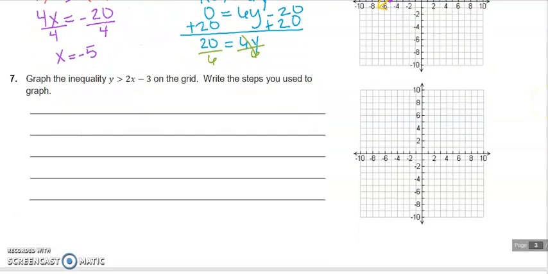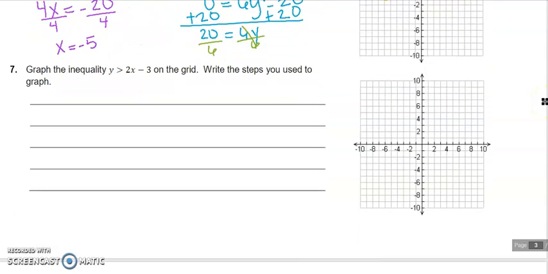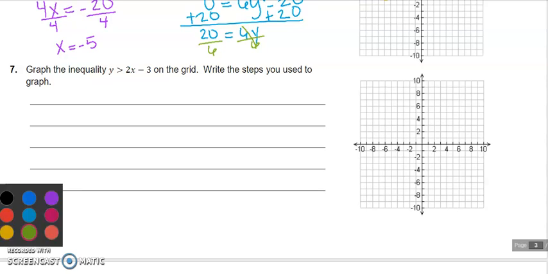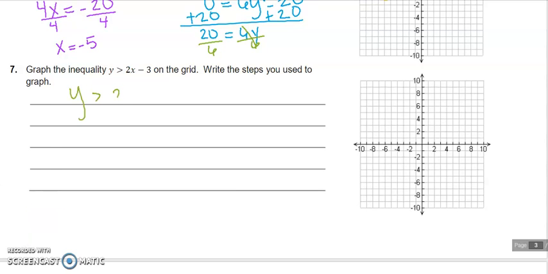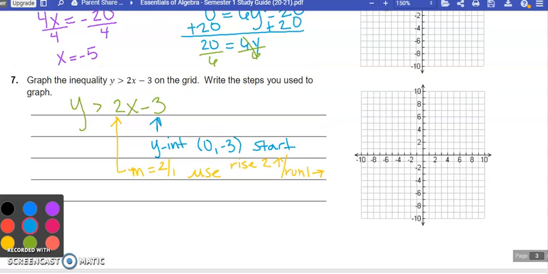Okay, ready for number 7. Graph the inequality on the grid. Write the steps you use to graph. So you're just kind of breaking this down a little bit. Probably the easiest way to approach this would be a slope-intercept kind of approach. So we know that our y-intercept is 0, -3, and that's where we're going to start. So down here at 0, -3.